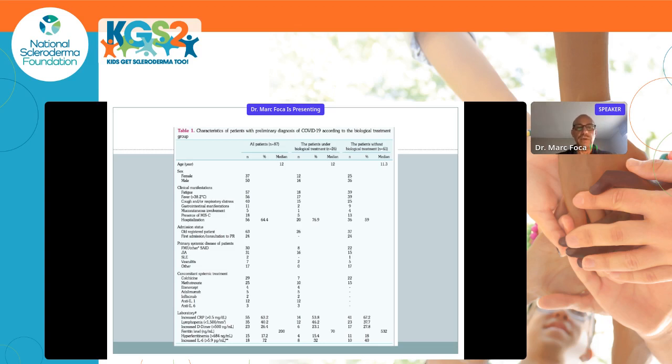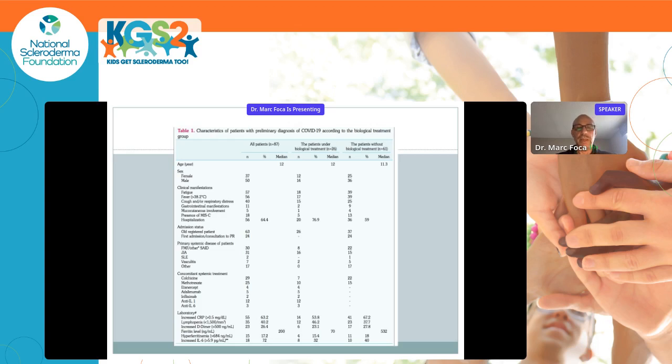And they really found no difference in severity of disease or admission to the hospital in this group. And there was also no real difference in the types of laboratory abnormalities that they found. So the percentages of patients with increased CRP, a measure of inflammation, the percentage of patients with low lymphocyte counts, and other measures of inflammation like a high ferritin or an increased D-dimer.